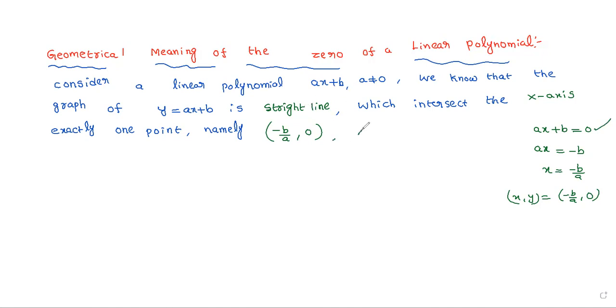Also we know that the zero of ax plus b is minus b by a.